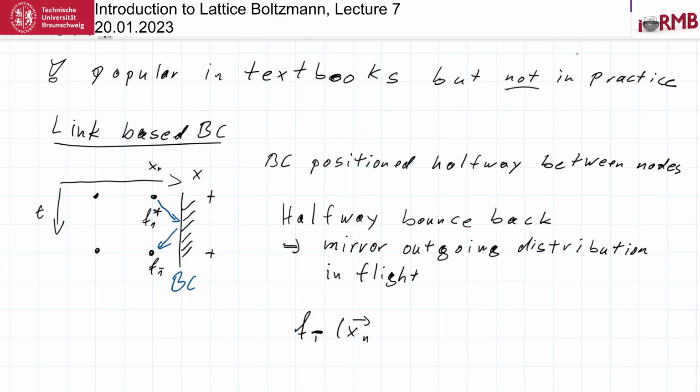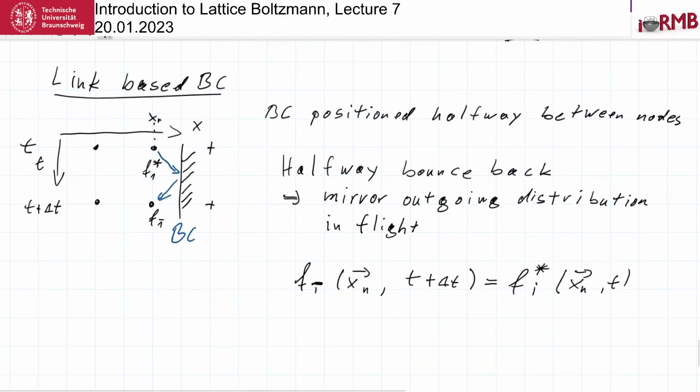This is xn, the one next to the boundary. I specifically do not write boundary condition, because the boundary condition is not on the node. This is important to know. The value at xn in the next time step, so if this is t, and this here is of course t plus delta t, is the post-collision state of the oppositely moving distribution, the one that is moving out, at the position xn and in the previous time step.